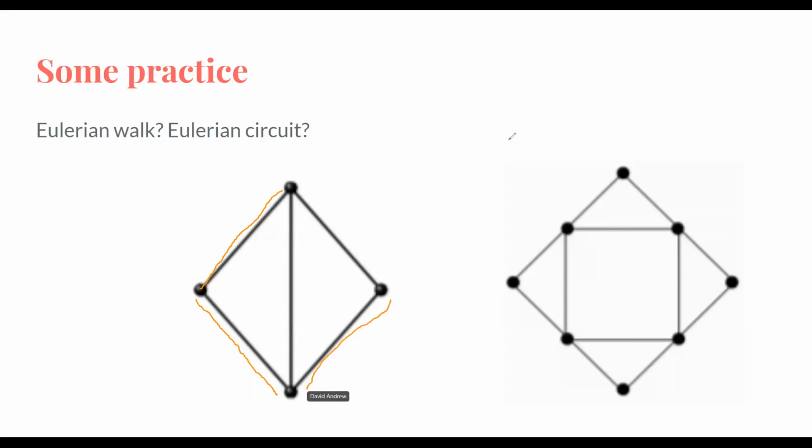Remember, it has to be a continuous walk. Could you label your start and end point? I'm not exactly sure what your walk was there. I think it was this.